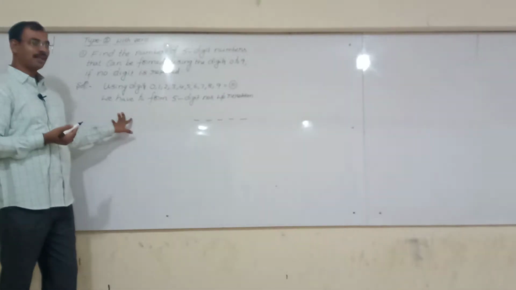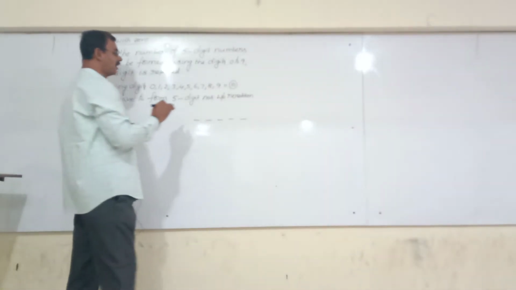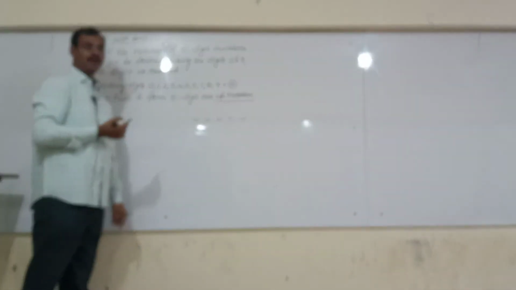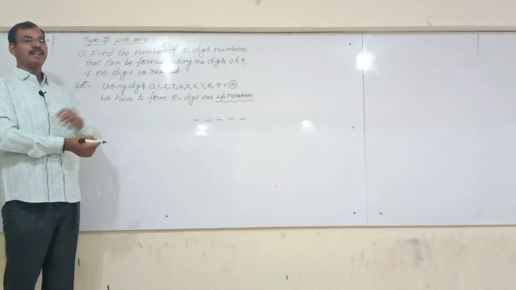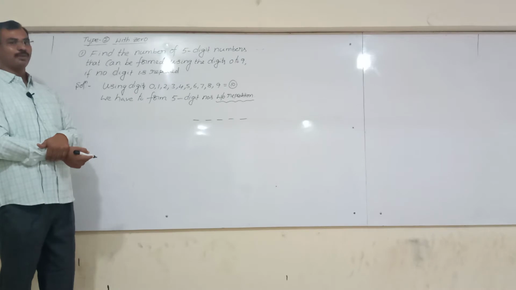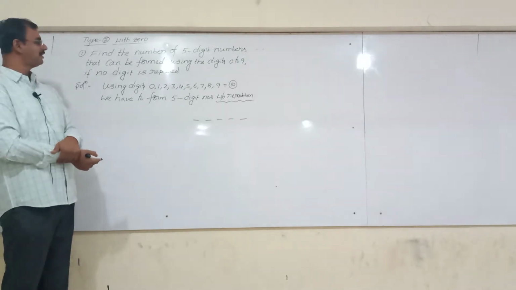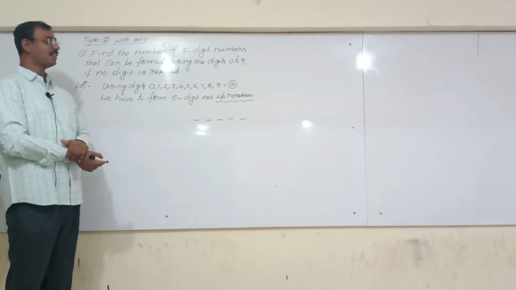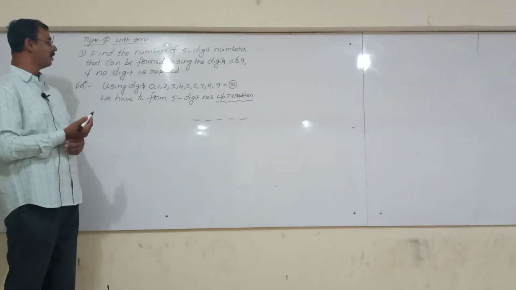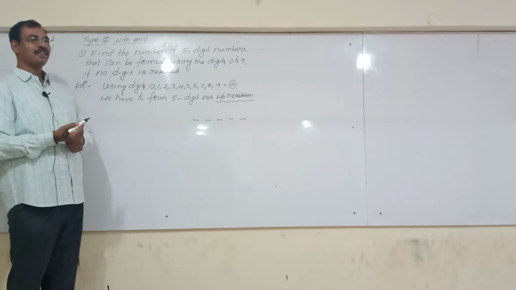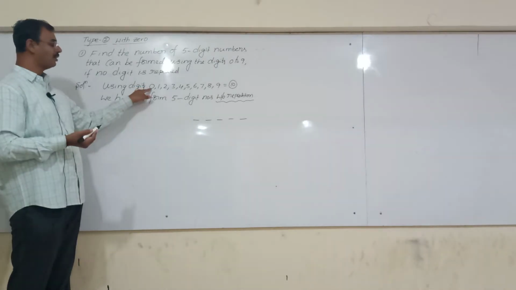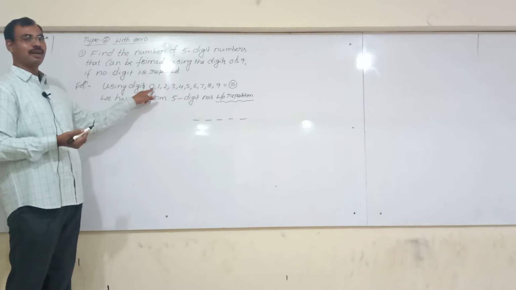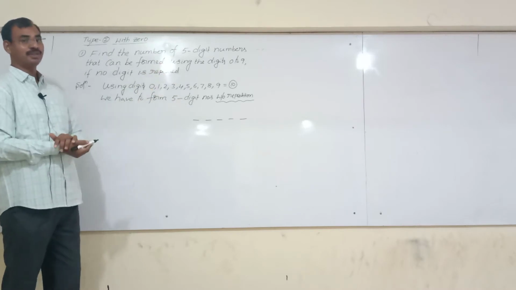Next thing, we are going to observe: do we have a general condition? Yes. What is the general condition? Without repetition. Is there any primary condition? Yes, there is a primary condition. What is the primary condition here? 0 cannot be used in the leading position.